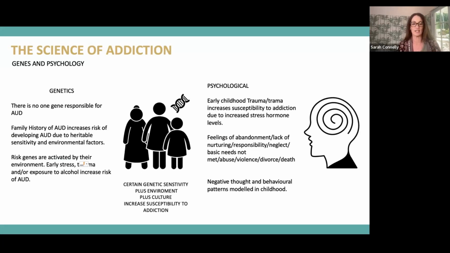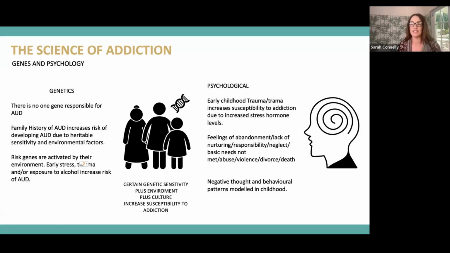The risk genes that we may have inherited from our parents are activated by the environment. So things like early stress, trauma, and early exposure to alcohol definitely increase our risk of falling into alcohol use disorder.